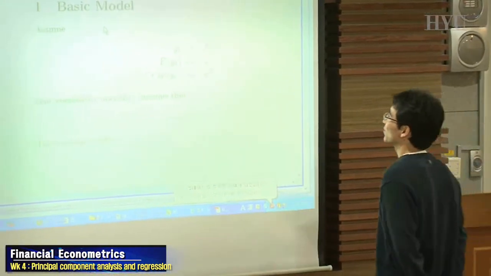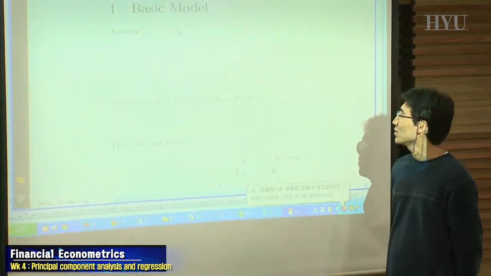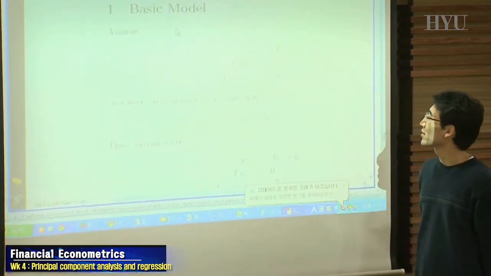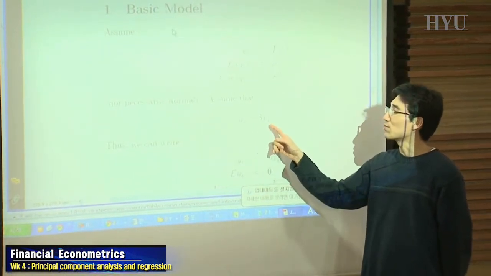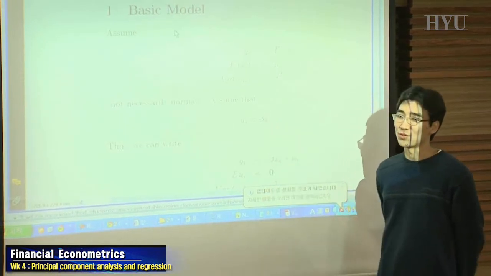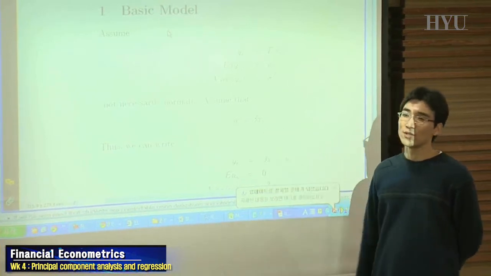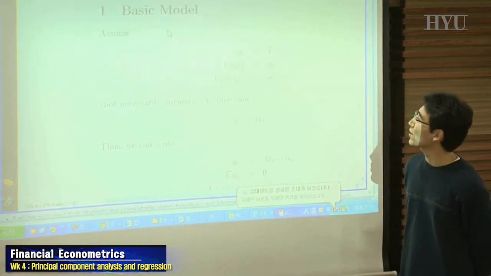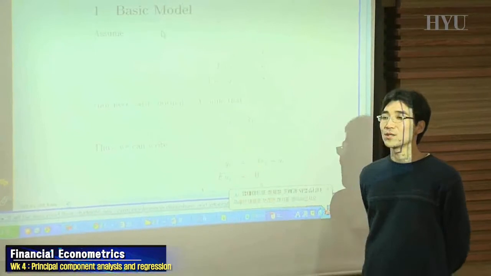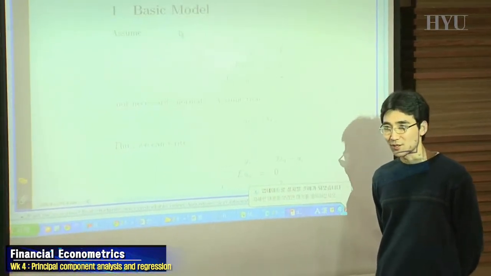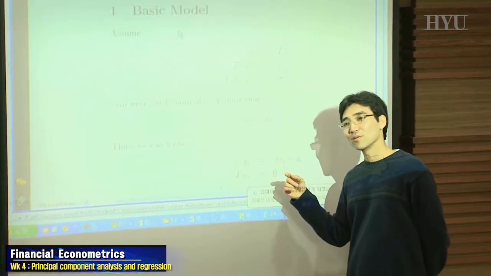And then assume that this expected value of y we can express like this: beta multiplied by x_i. So the expected value can be expressed by some other values, x_i. The x_i is called the independent variable, y is called the dependent variable. In the CAPM, y_i is the excess return of an asset, and x_i is the excess return of the market.